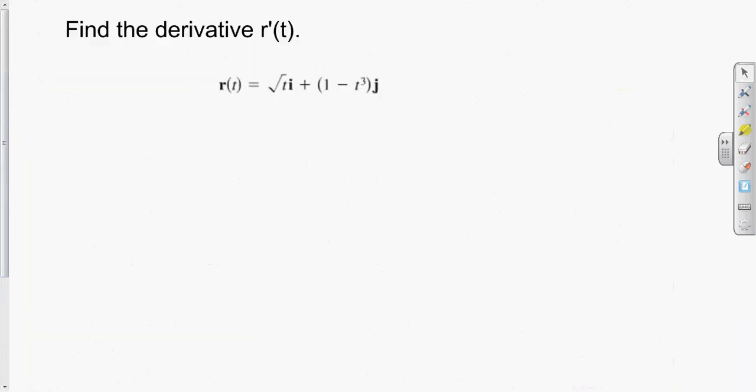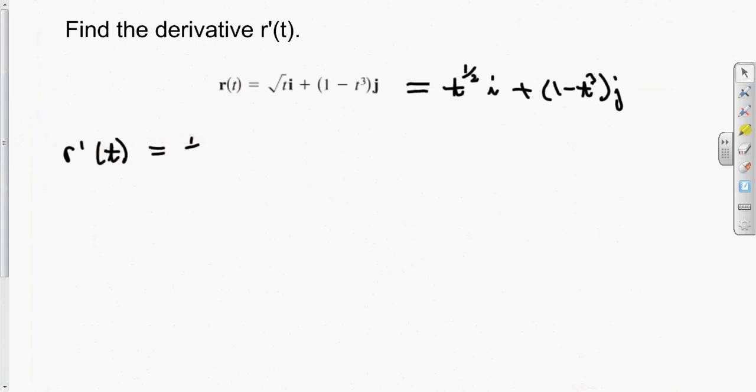So here, find the derivative. We can rewrite r of t as t to the 1/2 i plus 1 minus t to the 3rd j. So r prime of t becomes 1/2 times t to the 1/2 minus 1, or negative 1/2, times i.